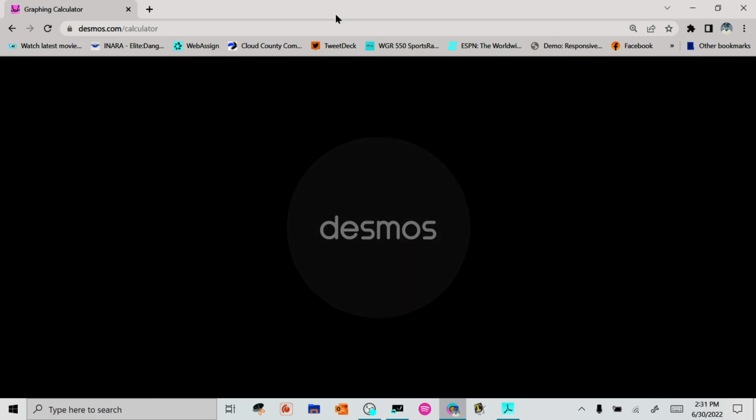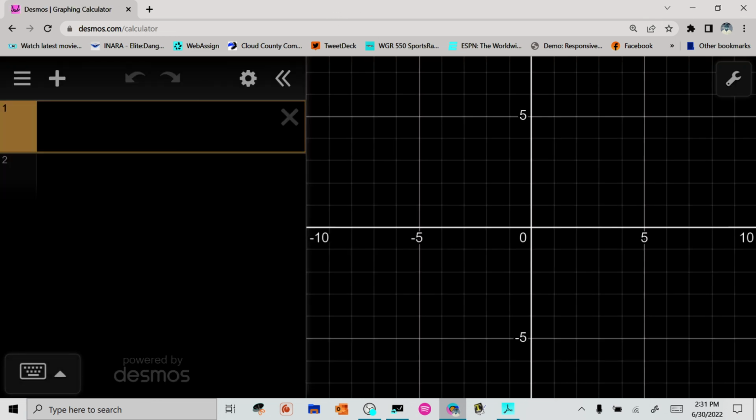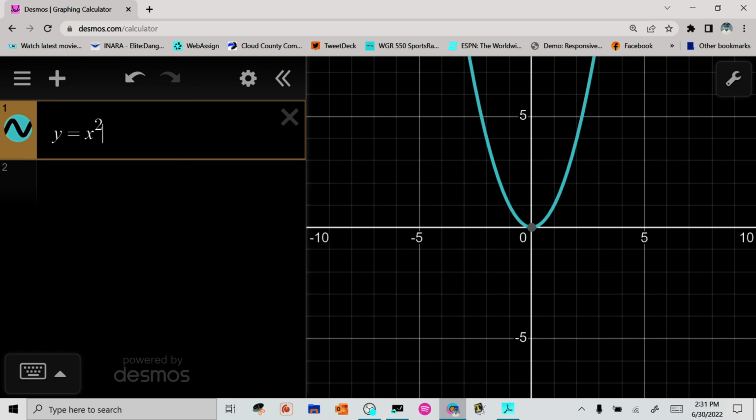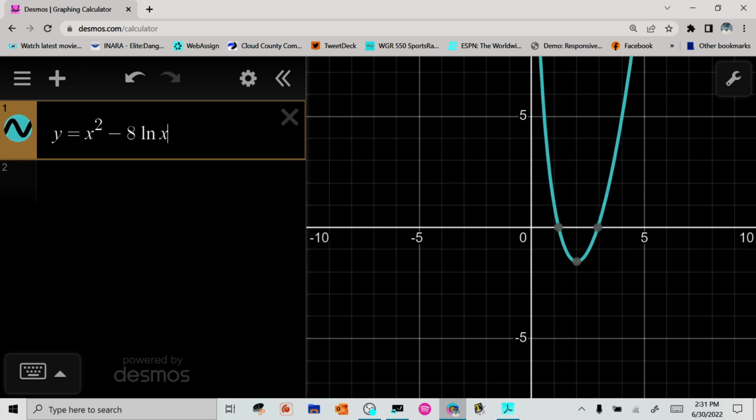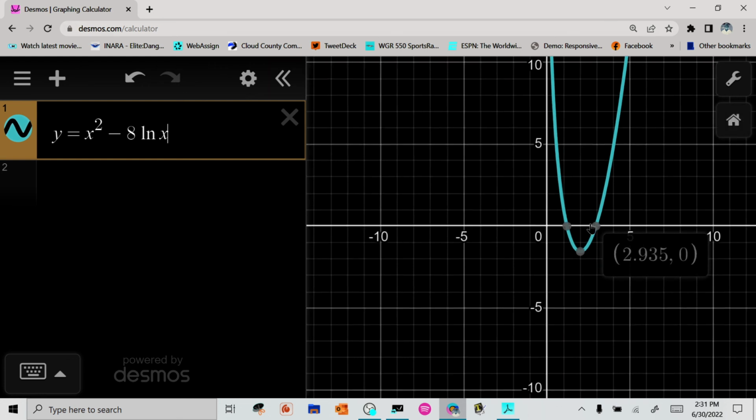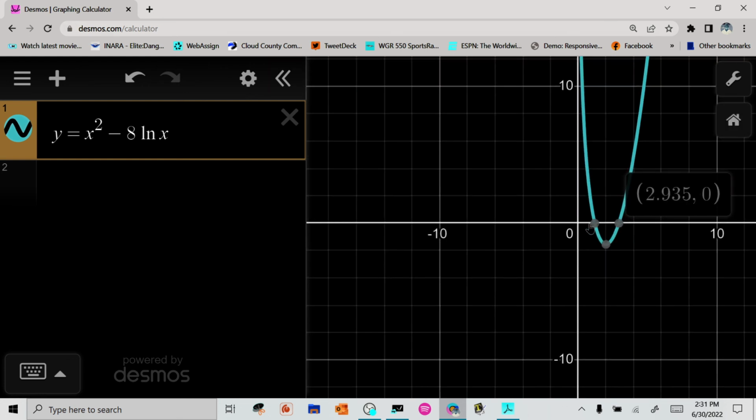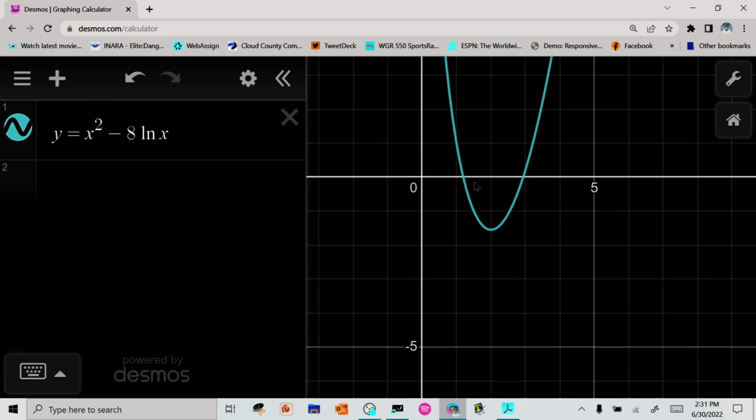Graphing calculator, and we'll do the original function here, which is y is equal to x squared, and we're subtracting off 8 natural log of x. You can see that it looks like a parabola, but there's a little bit of stuff going on with that natural log.